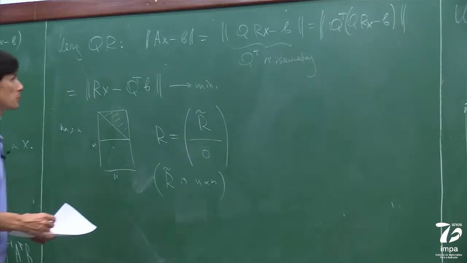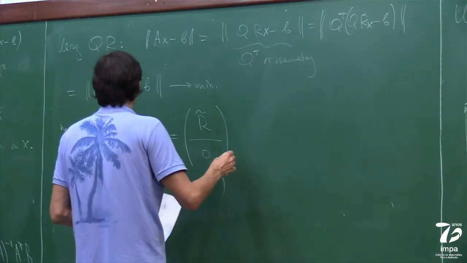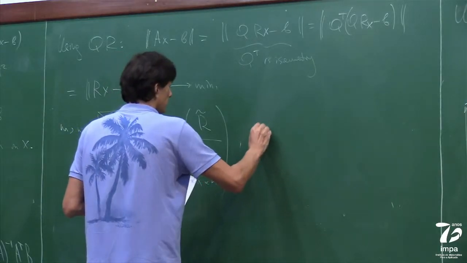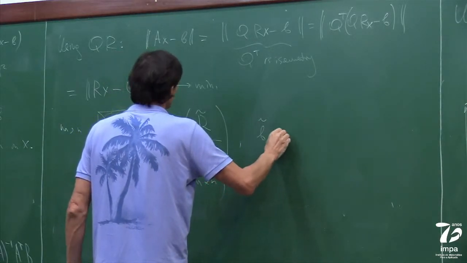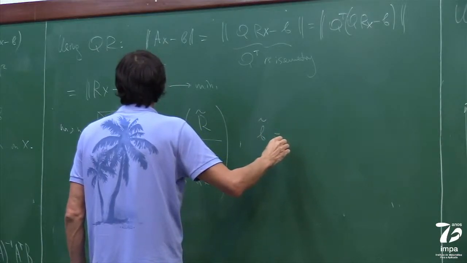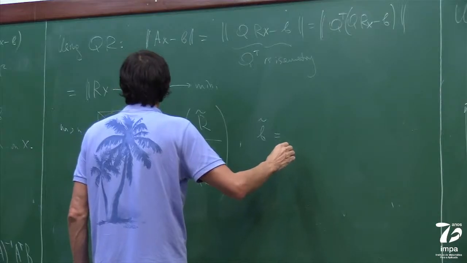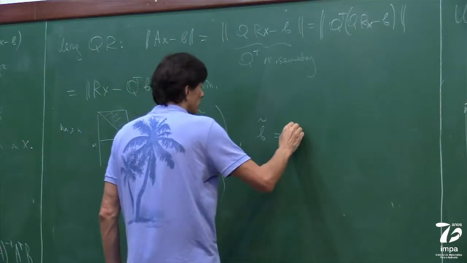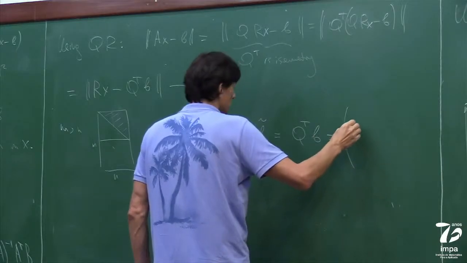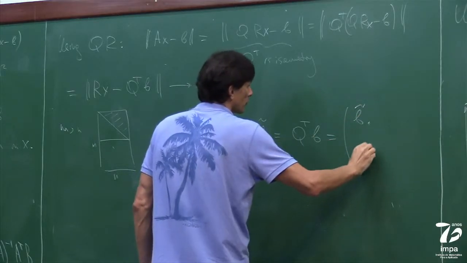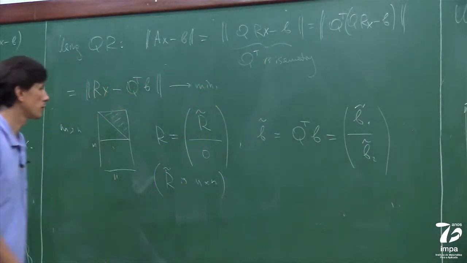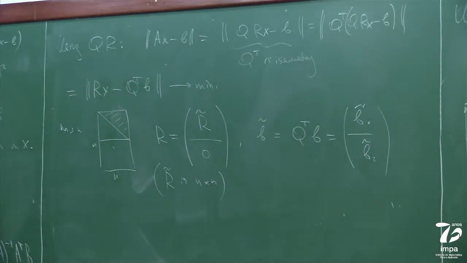And in a similar way, we split vector B. We say that B tilde is Q^T B, and we split it in just the same way: B1 tilde, B2 tilde. So the first n components and the rest.